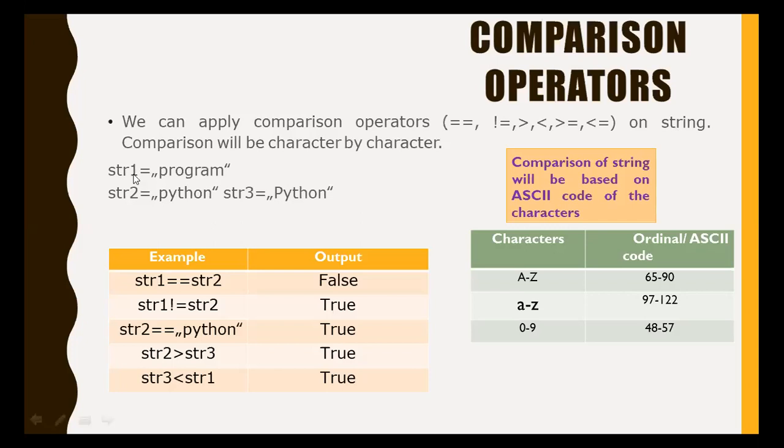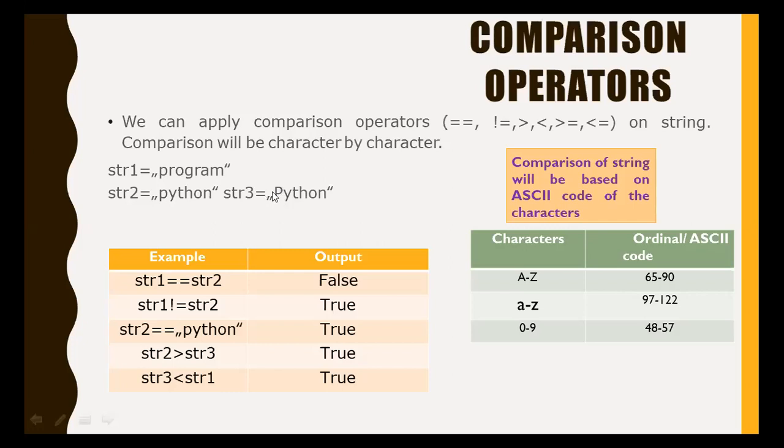Here is the example: str1 equal program, str2 equal Python. In the first string, str1, it is written program, and in str2 it is written Python. Now str3 equal Python, but here Python is written with a capital first letter.